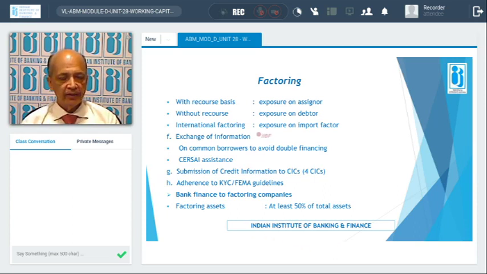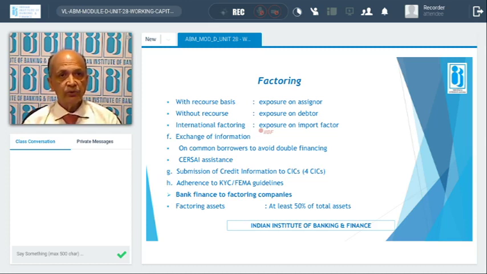Then, as I explained earlier, there should be exchange of information with the CIC and CERSAI also. First of all, information should be exchanged among the banks.